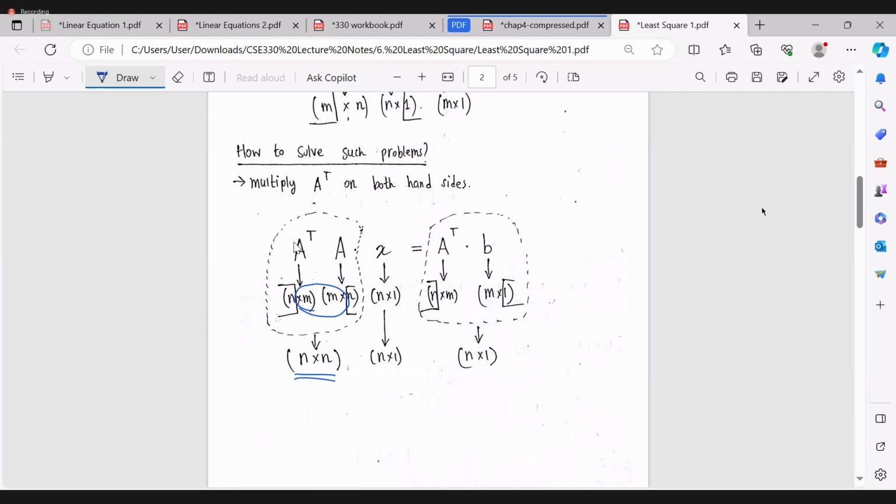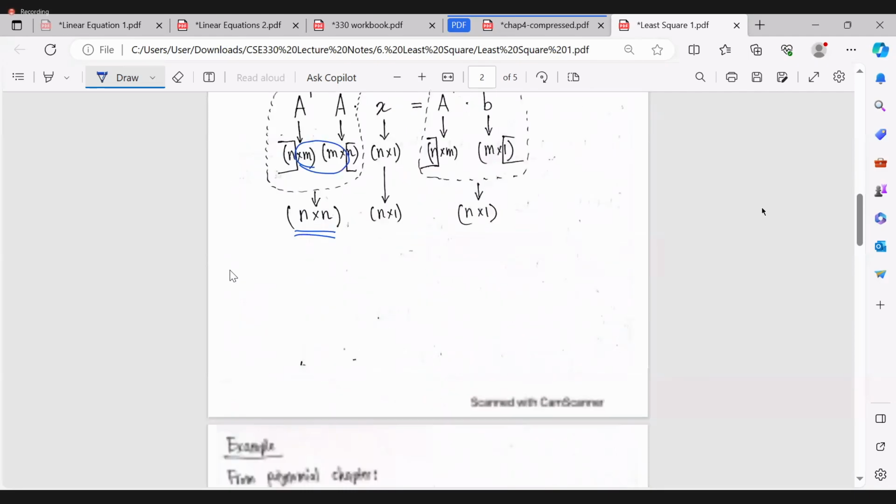And after multiplying A transpose with B, you get n into 1. So you get a balanced system. There is a square matrix, so you can solve it any way you want. And this is exactly what you had learned in chapter 5. Just আপনাকে একটা A transpose দিয়ে গুণ করে জিনিসটাকে স্কোয়ার ম্যাট্রিক্স ফর্মে আনলে আপনি চ্যাপ্টার 5 এ যা যা শিখছেন you can use them. ঠিক আছে?